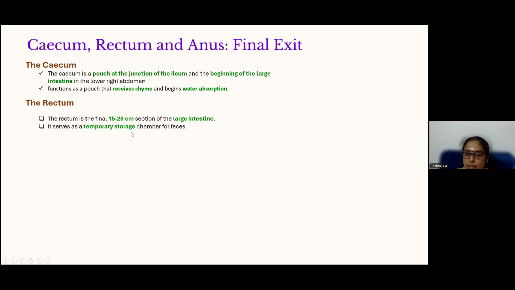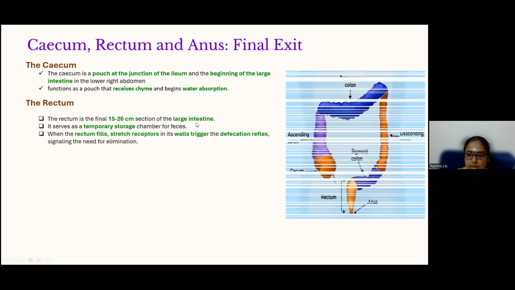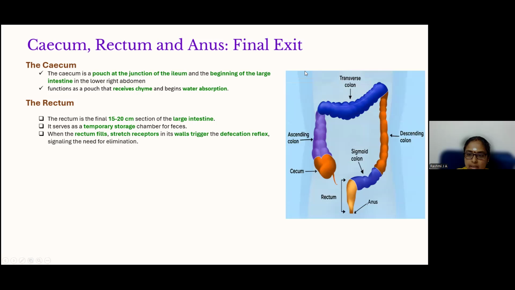It serves as a temporary storage chamber for feces. When the rectum fills, it stretches the receptors in the wall, triggers the defecation reflex, signaling the need for elimination. Then the anus is there. This is ascending. That is why in the prone position, you start with the right leg.